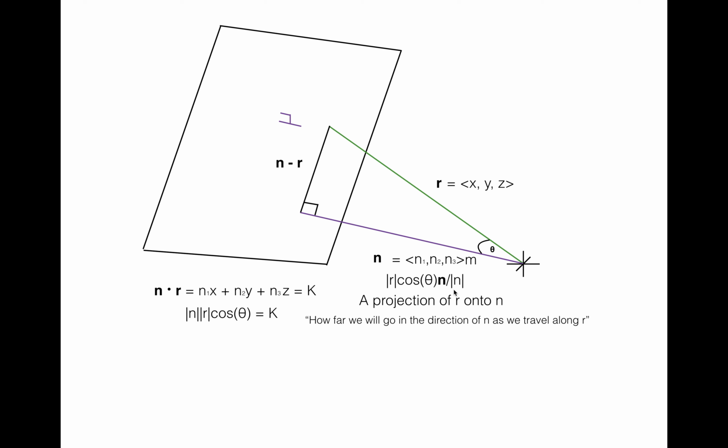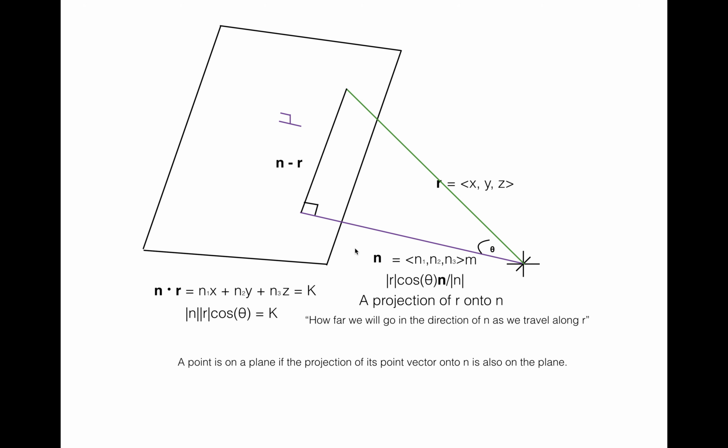Or in other words, how far we will go in the direction of n as we travel along r. You'll notice that if we choose to change r to another point on the plane, we get the same exact result. Which means, for a point to be on a plane, we could say that a point is on a plane if the projection of its point vector onto n is also on the plane.